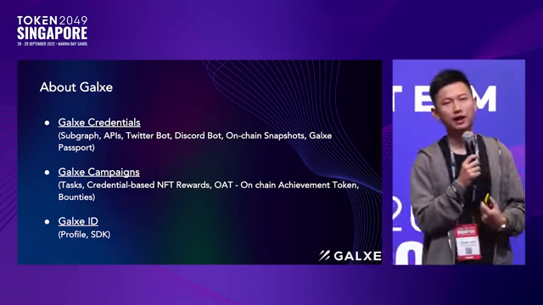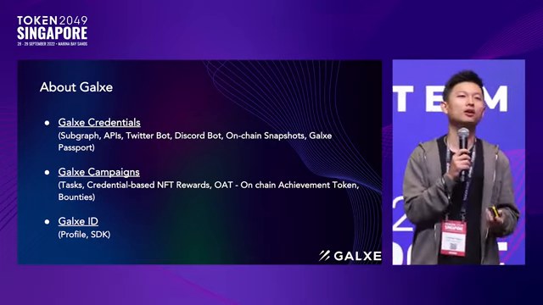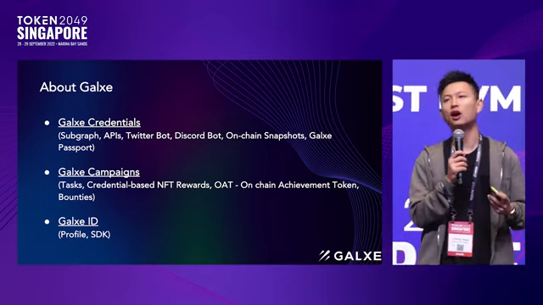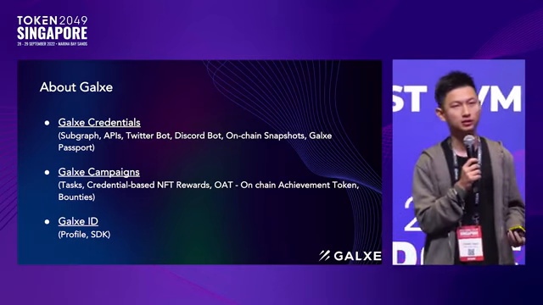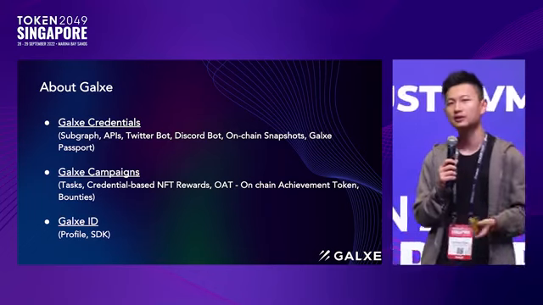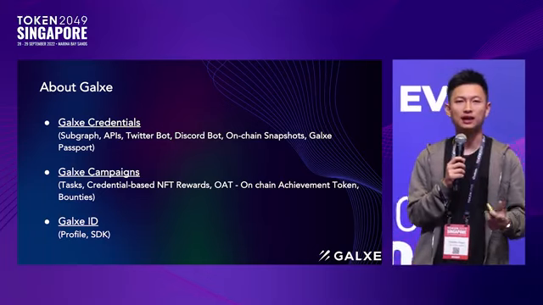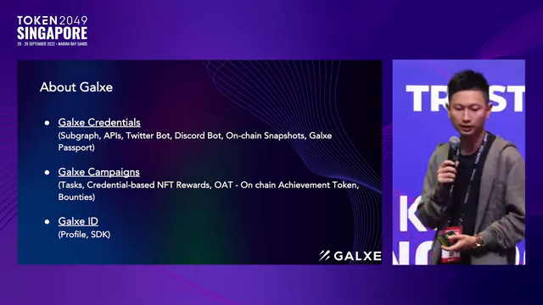For example, if I'm the developer of a DEX and my data is off-chain, only seen by us, the app developers, I can create multiple on-chain snapshots based on that and upload them to the dashboard.